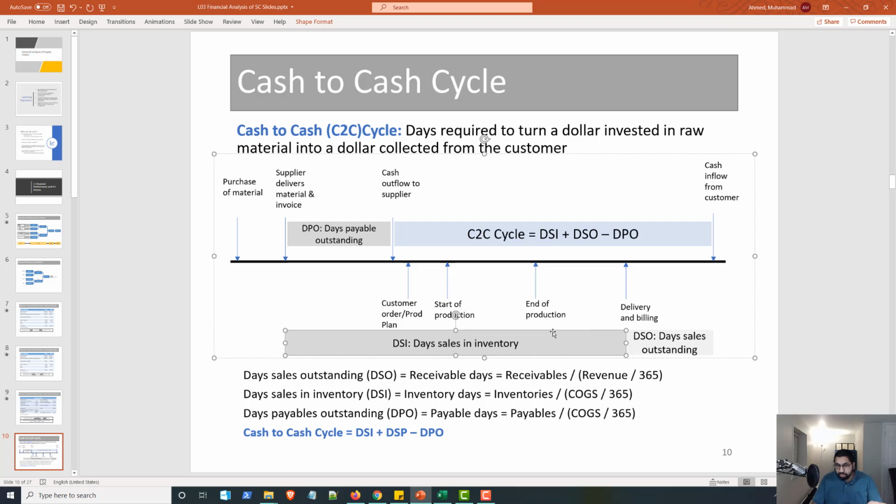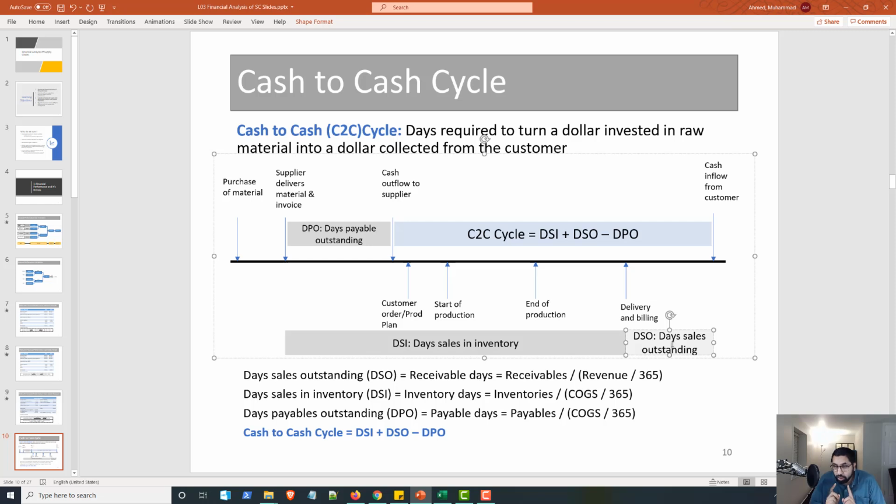Basically your cash to cash cycle time would be DSI plus DSO right here. Okay, this is a typo. This is DSO. DSI plus DSO, that's basically a working capital requirement.